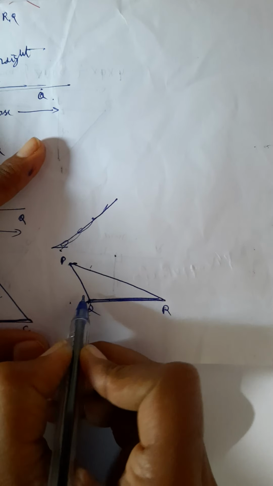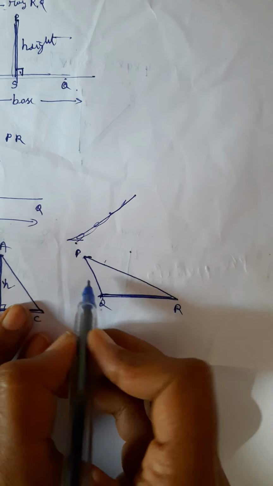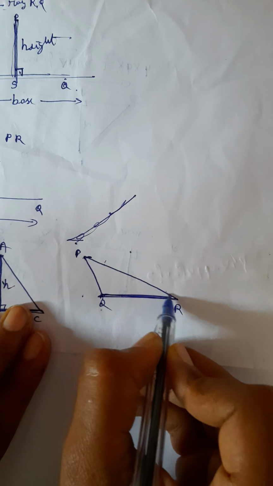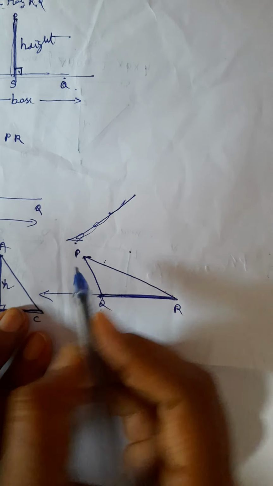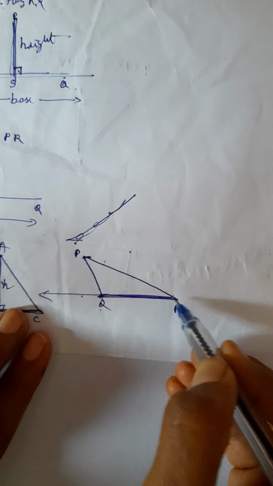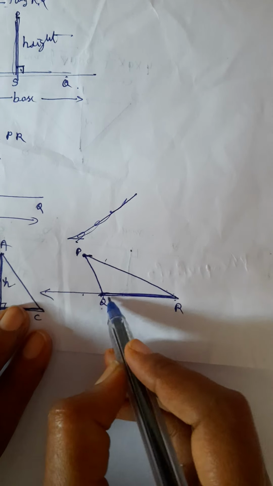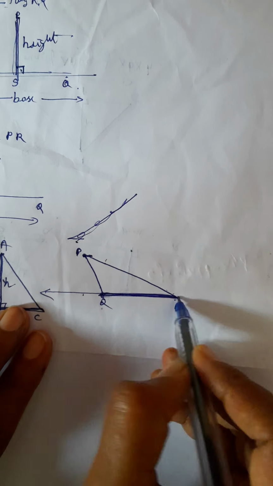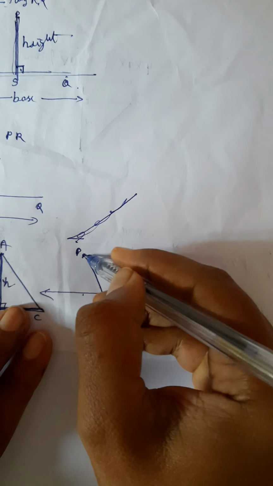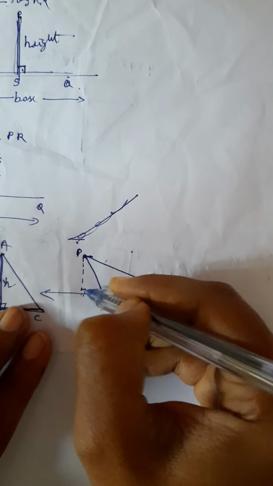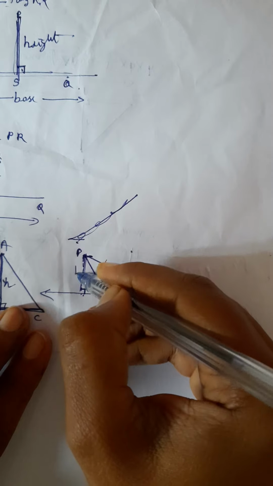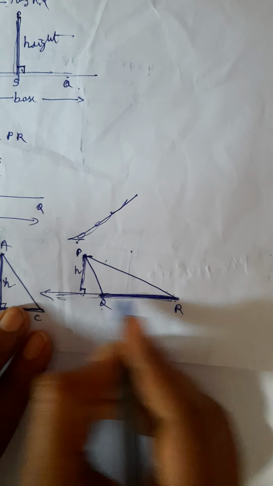The base QR is extended outside, and from the opposite vertex P we draw the perpendicular line. So this is the height and this is the base.